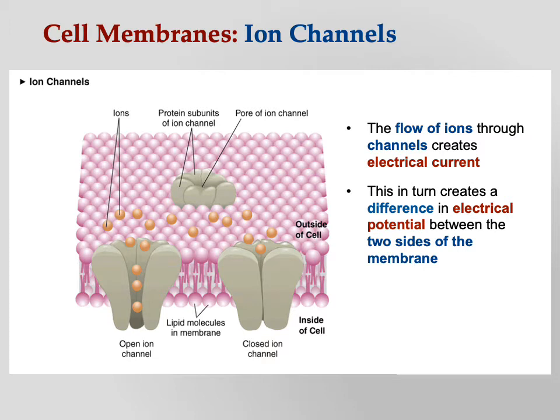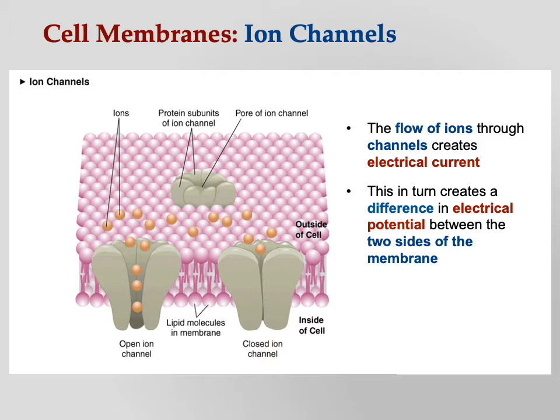That in turn creates a difference in the electrical potential between the two sides of the membrane. When charged particles move across the membrane, they're changing the overall charge on one side of the membrane versus the other. So now the membrane won't necessarily be at equilibrium. It may be more positive or more negative on one side or the other. And that's exactly how the nervous system works, by the difference in electrical potential on the two sides of the membrane.